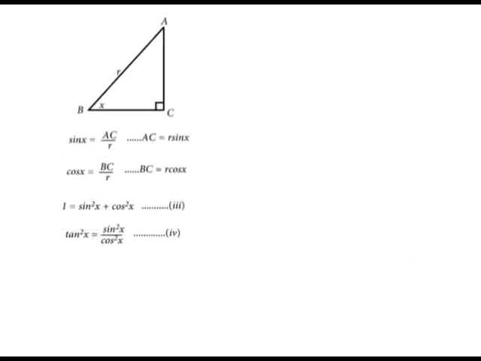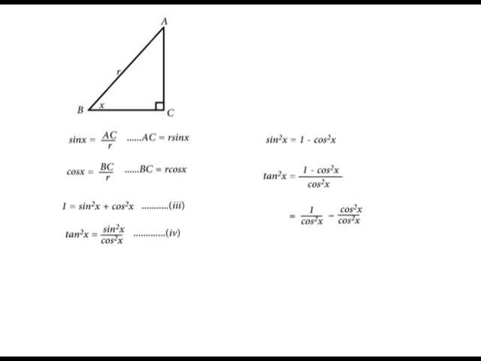Now rearranging equation 3, we can have sin squared X is equal to 1 minus cos squared X. If we substitute that into equation 4, we shall have tan squared X is equal to (1 minus cos squared X) over cos squared X. If we split that into distinct fractions, we shall have 1 over cos squared X minus cos squared X over cos squared X. That fraction will cancel out the cos squared X and we shall remain with 1.